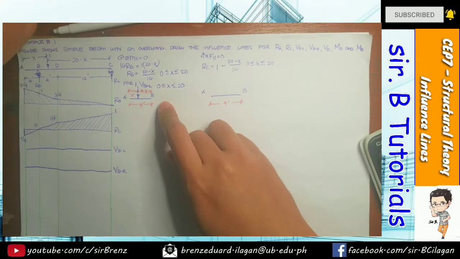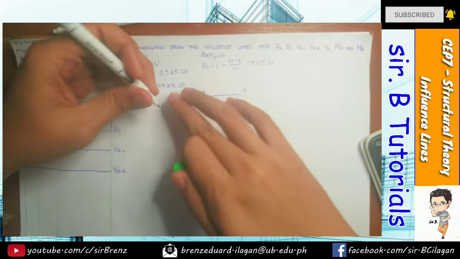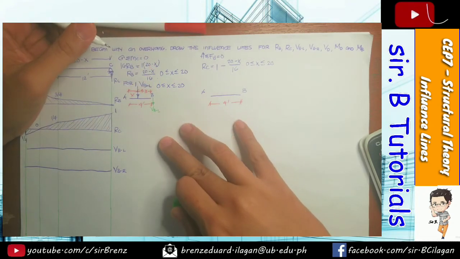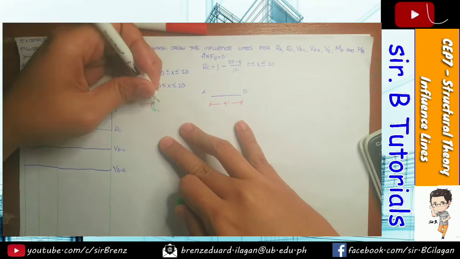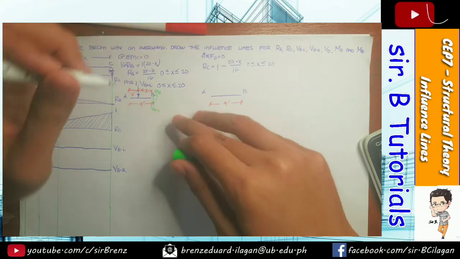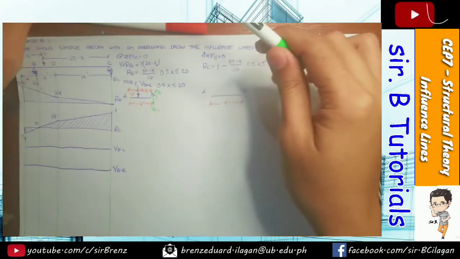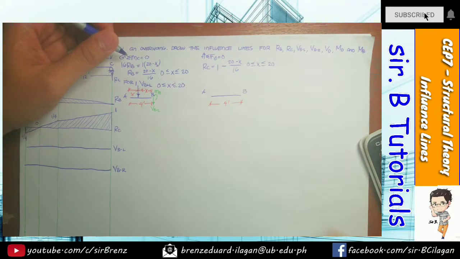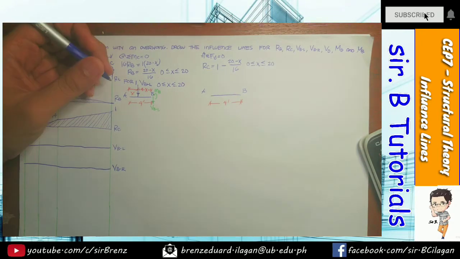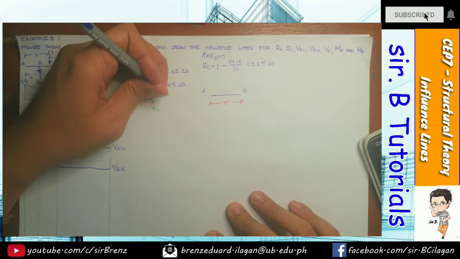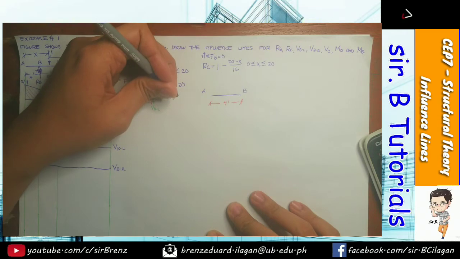And di ba kapag left side yung kino-consider natin, the direction of your shear is always downward. So this is your shear B left. Okay? And yung moment mo, so that is counterclockwise. Okay? So ano yung equation na magagawa natin dito? So di ba kapag nag-summation ka ng forces ng Y, assuming that upward direction as positive, summation of forces ng Y equals to 0.